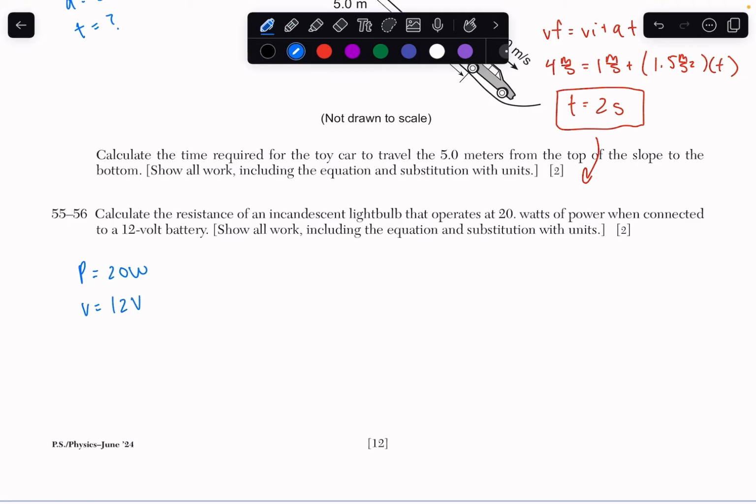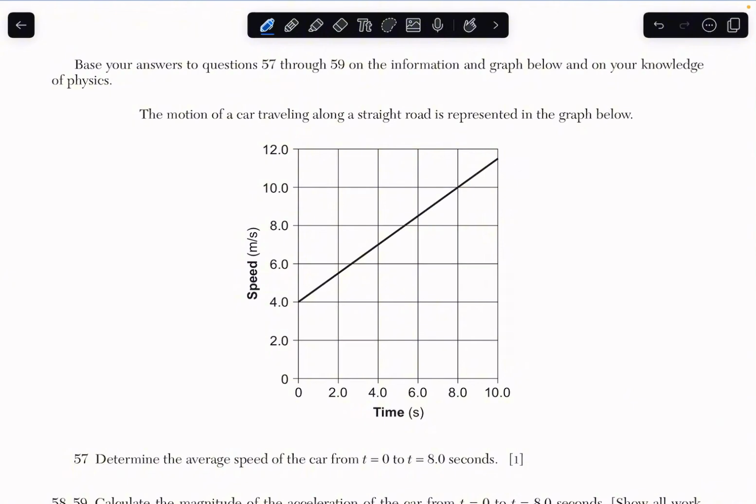Now we just have to use the equation P equals V squared over R in order to find resistance, because that's the equation with all the components. So plug it in, 20 watts equals 12 volts squared over R, and we're going to get a resistance of 7.2 ohms.